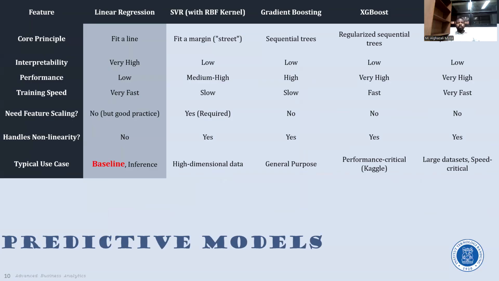We will break them down by their principle, interpretability, performance, training speed, and feature scaling, and we'll see how well they handle nonlinearity and their typical use case.